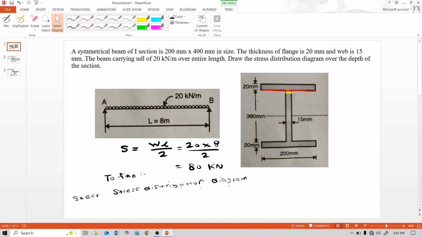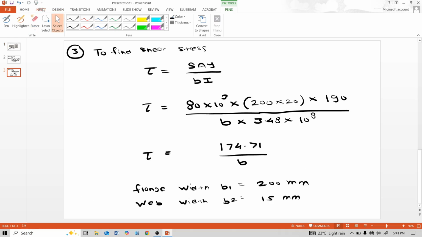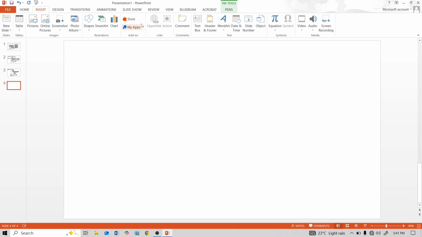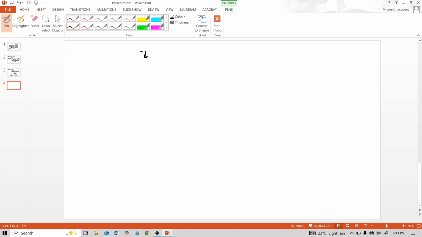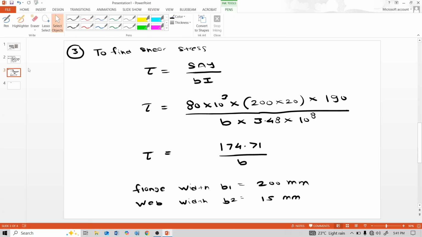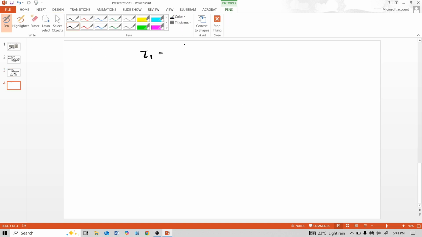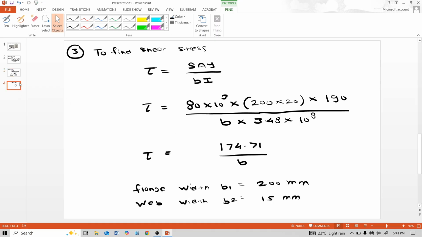And at the junction two shear stresses come. So first shear stress tau 1 is equal to 174.71 upon b1, and this b1 is 200.